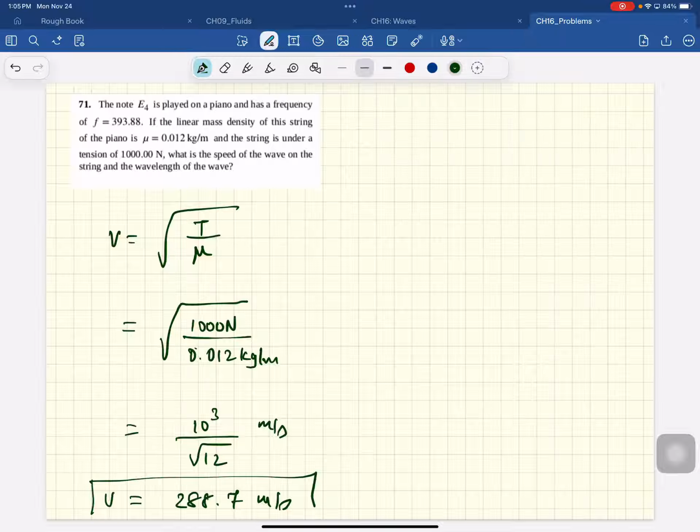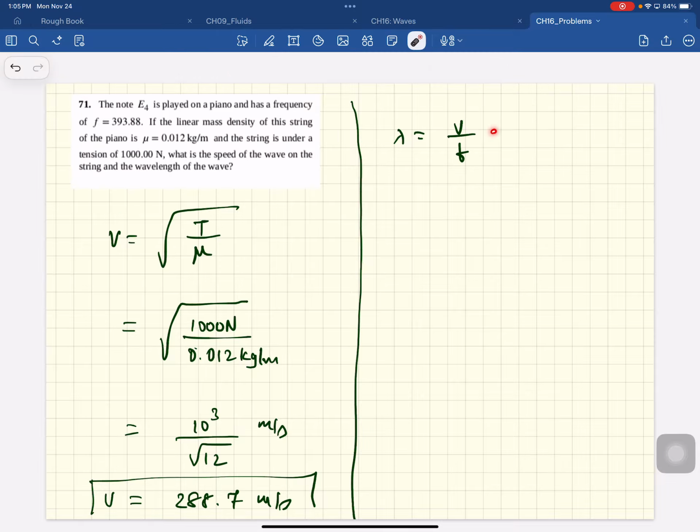Okay, so about 289 meters per second. And then the wavelength would be, so the wavelength is V over the frequency.